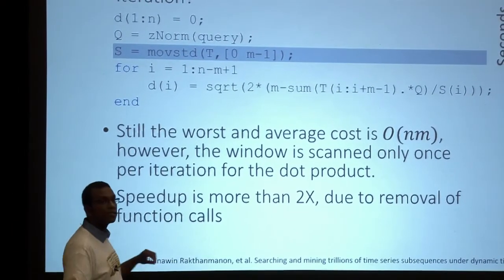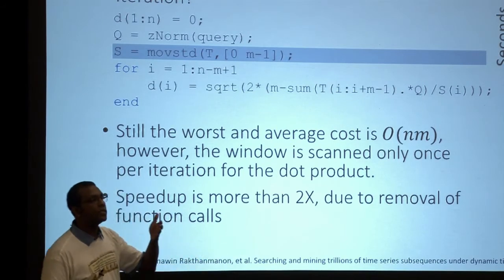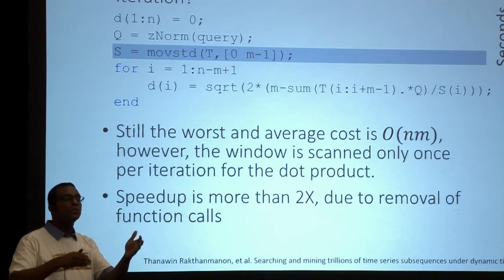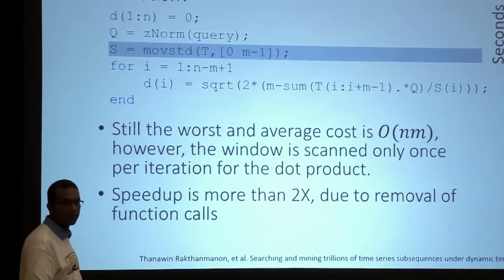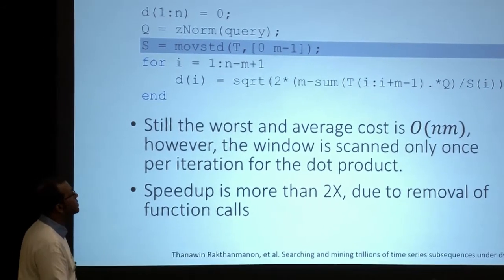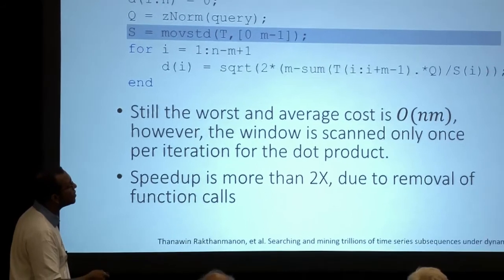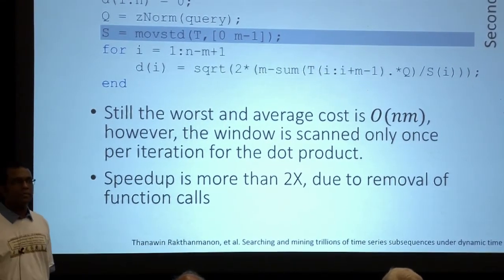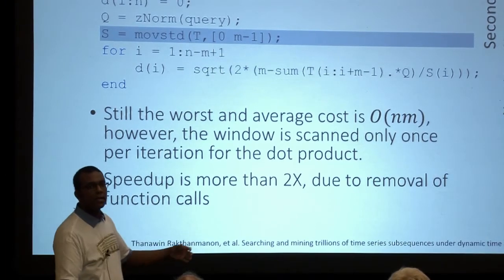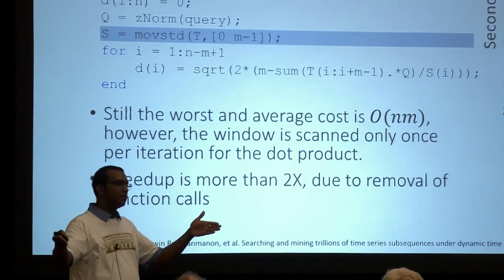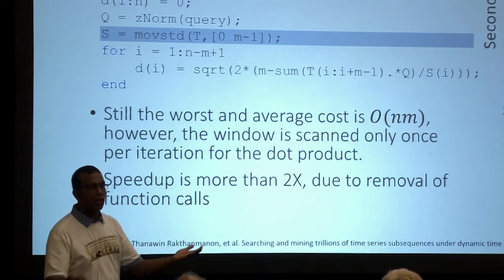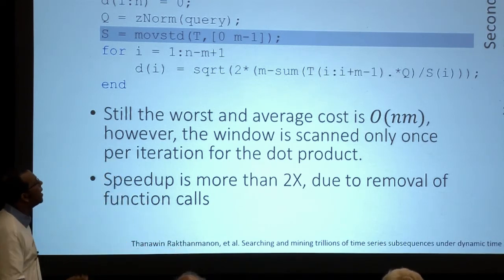So only these lines of code will give you a just-in-time normalization, meaning that whenever you are calculating the distance, you don't have to normalize explicitly, you just use this formula. And that gives you this much speed up. From that, you go down to this. And it's more than 2 times, because you not only removed one scan of the data in your loop, you also removed a function call, and that's why you get a little bit more speed up.